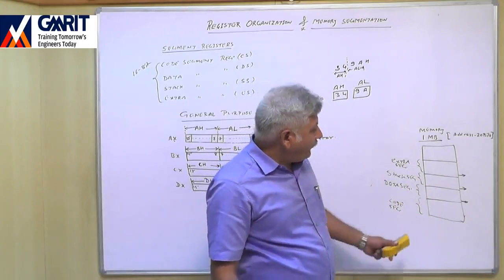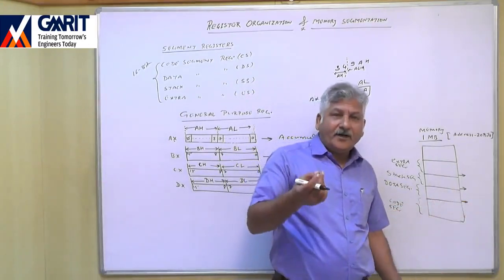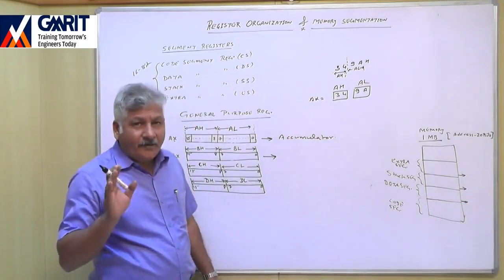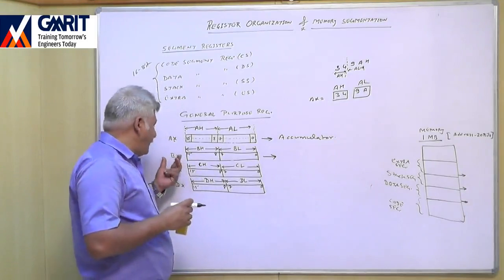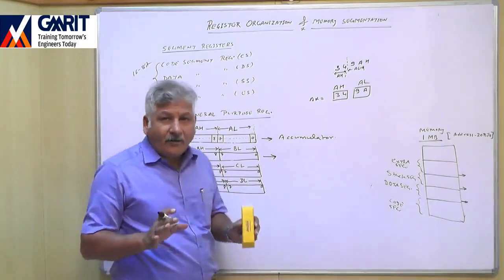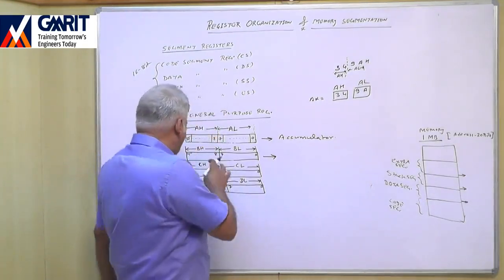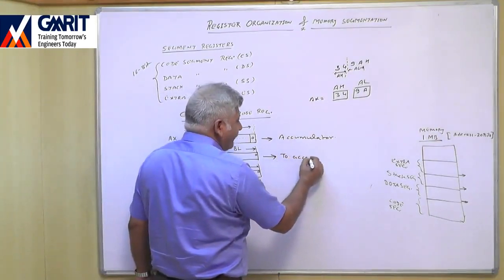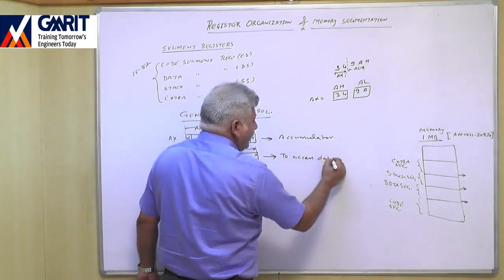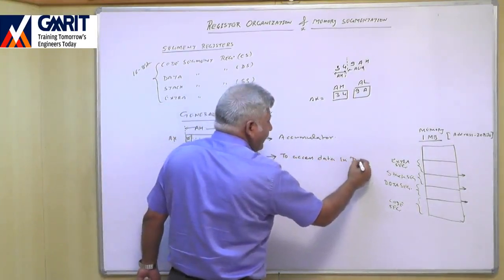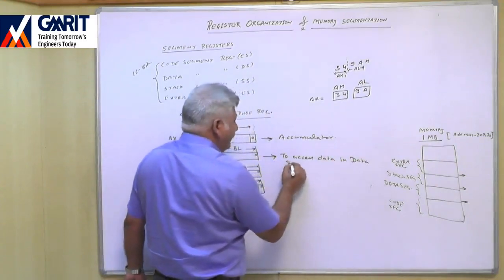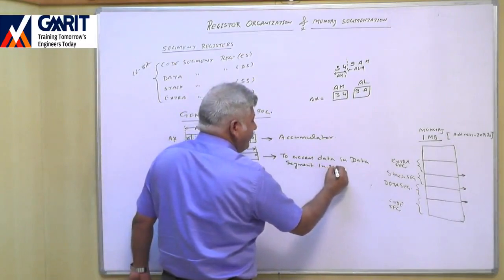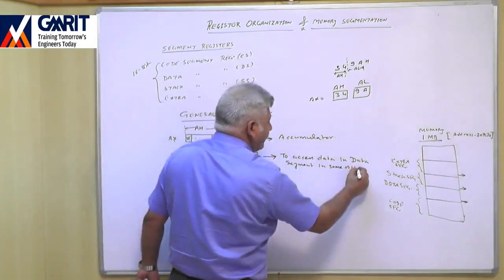So exactly at which place our data is placed in the data segment? To access that data, we require the BX register in some of the addressing modes, right? So the special function of BX is to access data in the data segment in some addressing modes.